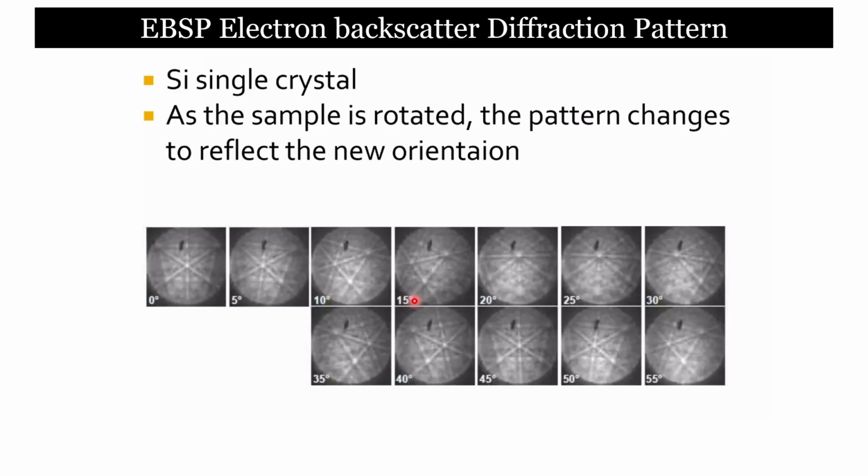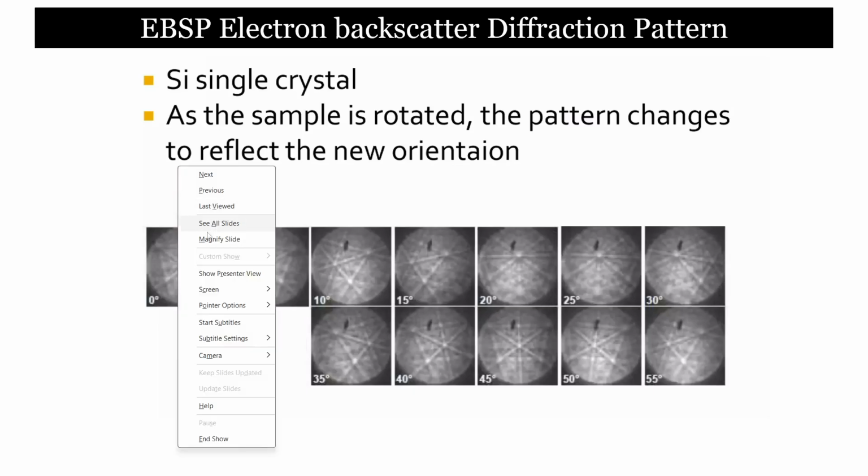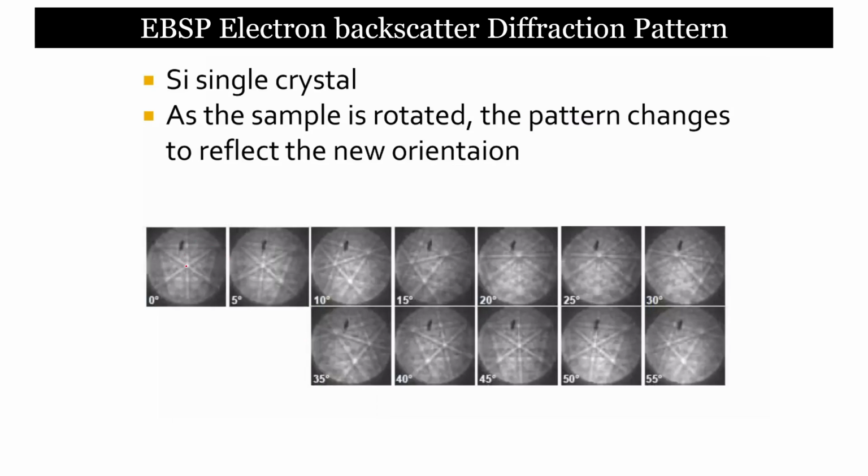So as your sample is rotating, the pattern changes. At 0° tilt, your Kikuchi pattern will look like this. Then you tilt your specimen to a certain degree, and the Kikuchi pattern will also move. As you can see, initially I'll mark the initial point so that you can see very clearly.